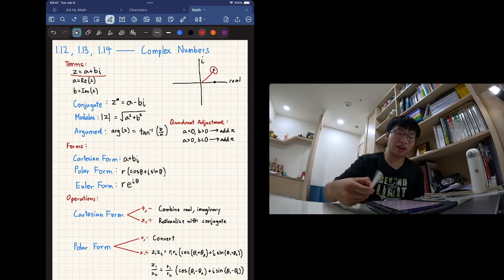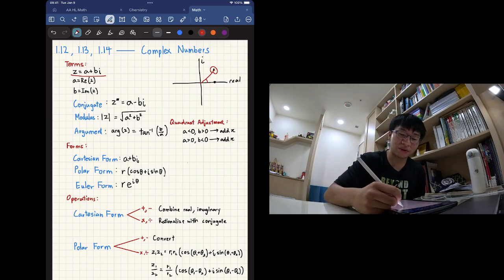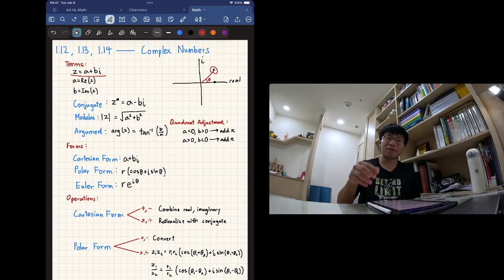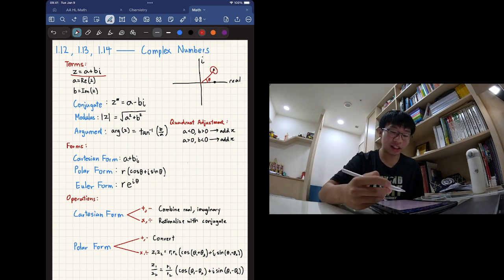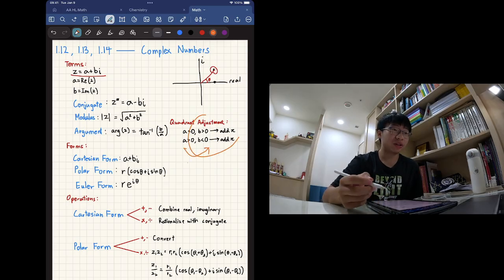Now the argument is an angle you're going to find, and the formula for that is the inverse tangent of b over a. You're using trigonometric properties again, and remember to adjust for the quadrants. Depending on the quadrant you are in, there are rules you need to adjust for.